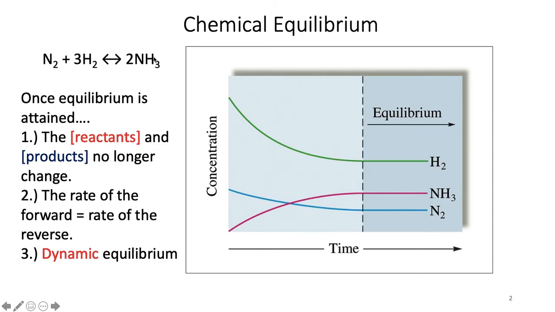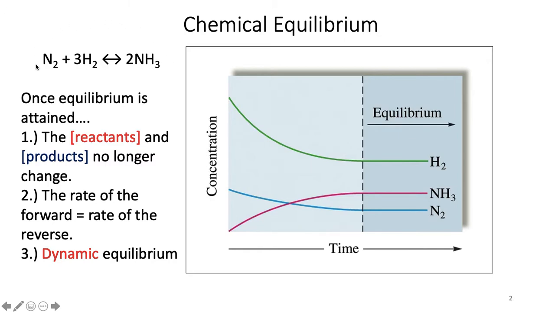However, a reaction can also proceed in what we call the reverse reaction, from the products towards the reactants, in which the products of the forward reaction now become the reactants, and the reactants of the forward reaction now become the products.